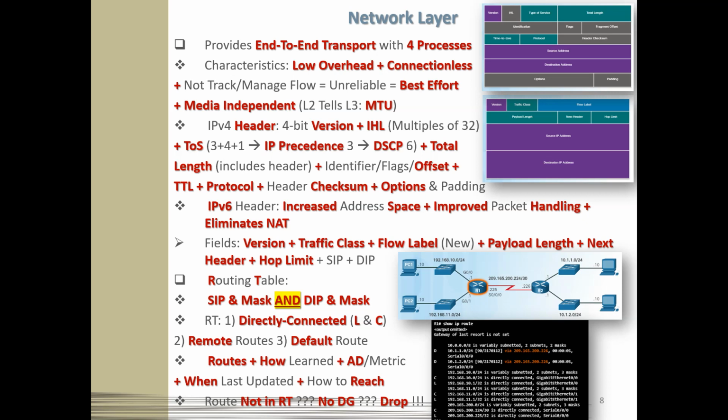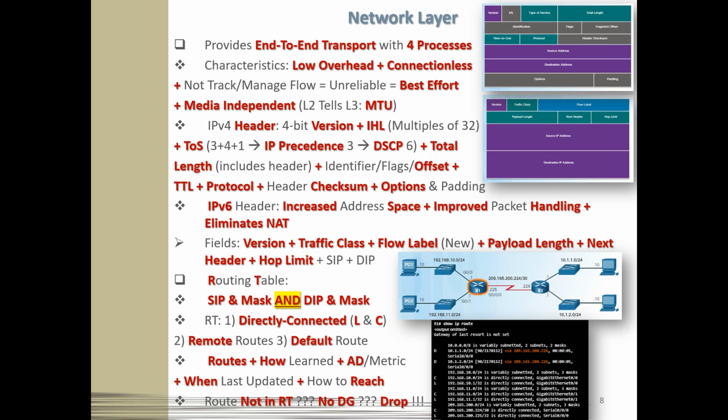So what would happen to applications that are, let's say, delay sensitive, or applications that require in order delivery or in sequence delivery of packets? In those applications, the reliability needs to be taken care of by upper layers like layer 4 or application layer, but not in network layer, because we want network layer to stay with low overhead, and that's why we want it unreliable.